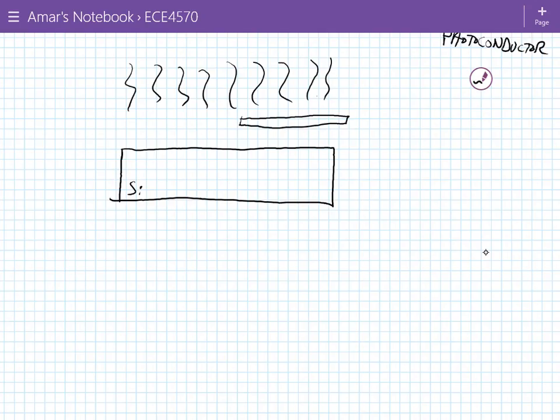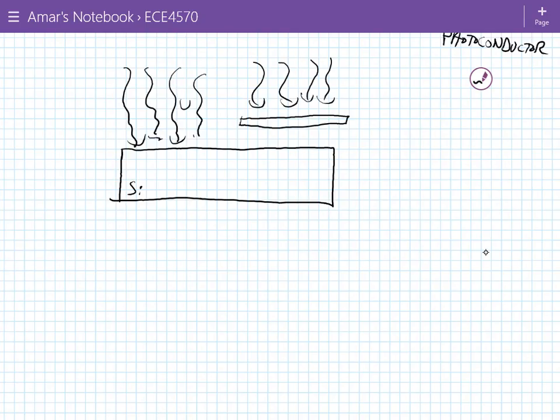Light is coming in, but it's only hitting half of the wafer because it's being blocked in the other half. You can call this a mask. Basically just blocking the light.